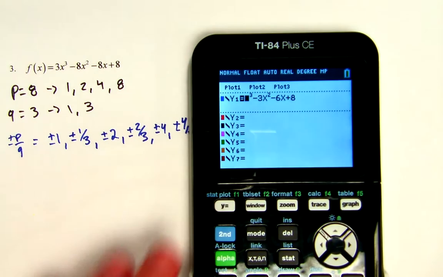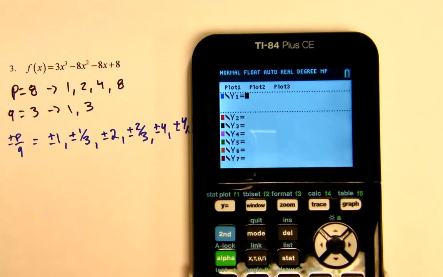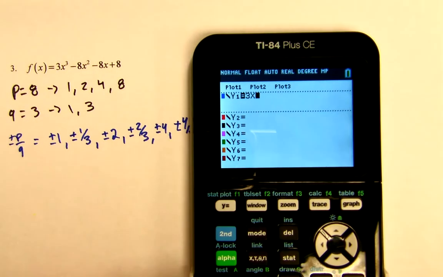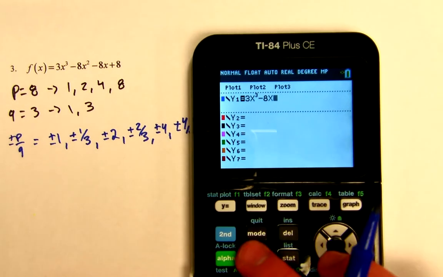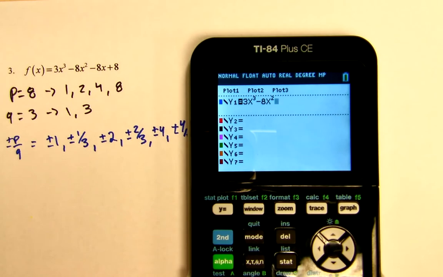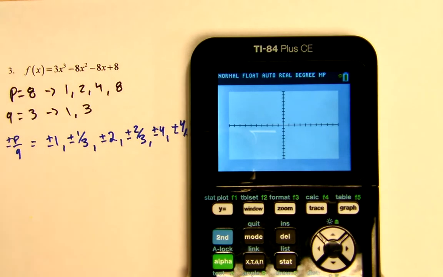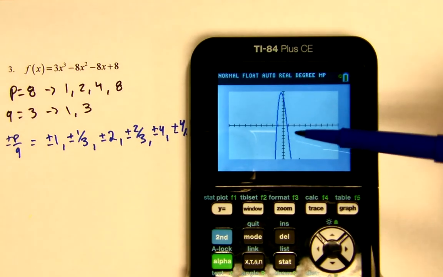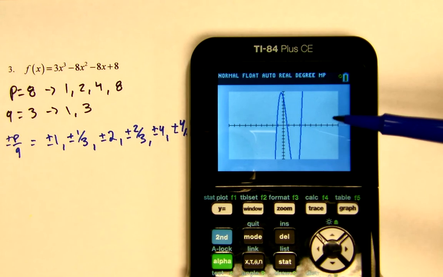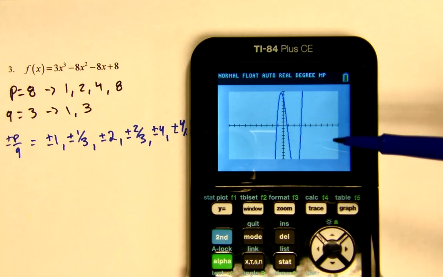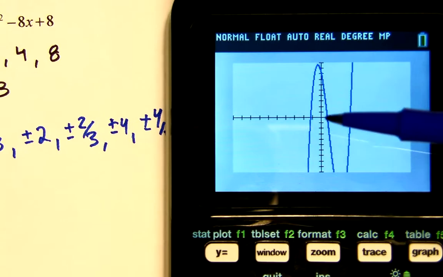So go back to y equals the new equation. We've got 3x cubed minus 8x squared minus 8x plus 8. So graph it. And now we're going to see, when I zoom in here, none of these seem to really hit at a solid number.